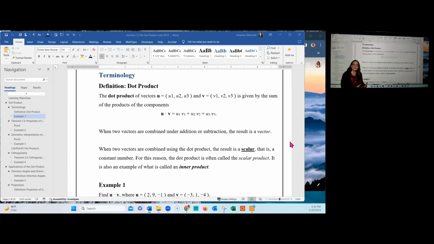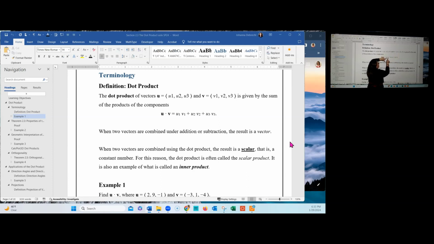So for the definition of the dot product, there are two. This is the less formal one, but this is actually the one we use. You take the dot product, and you'll notice it is literally a dot. You multiply corresponding components of the two vectors together.